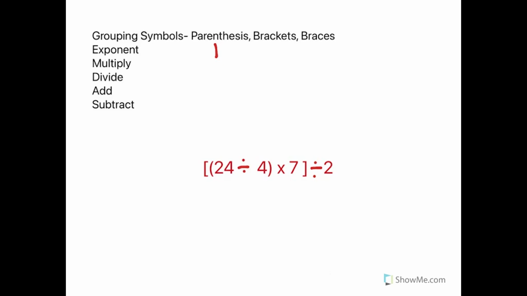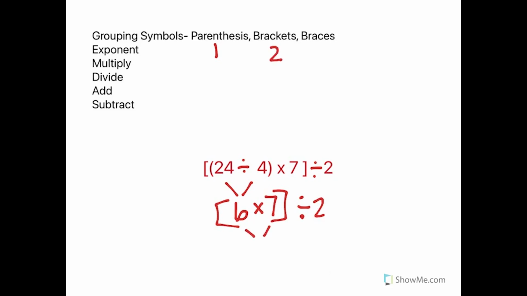So we have 24 divided by 4 times 7 divided by 2. So in true fashion, we're going to do the parentheses first. So 24 divided by 4 is 6. We're going to bring down that times 7 in the brackets, and then do the divided 2. And then we're going to do the brackets second.